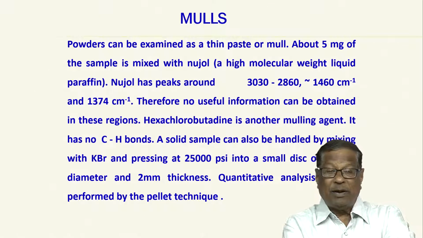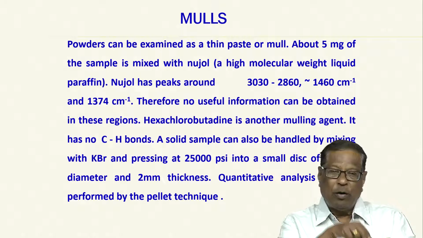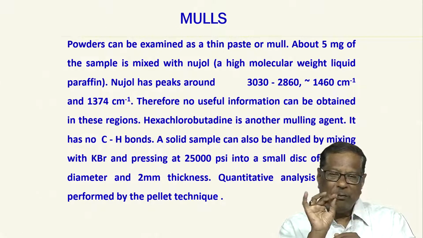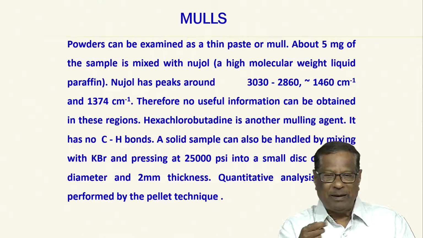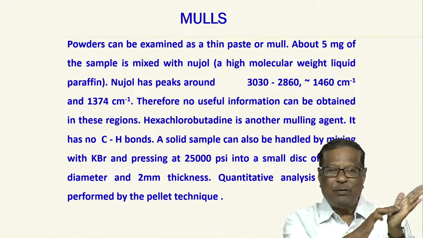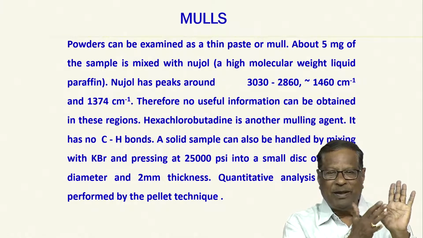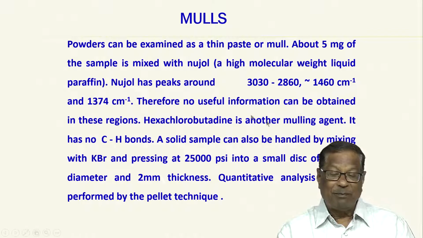So, you can take the sample in a bowl, put a drop of oil, put your solid and then make it a thin paste and scoop it a little bit with a metal spatula and smear it over the sodium chloride window, smear it and then seal it as usual and take the spectrum.